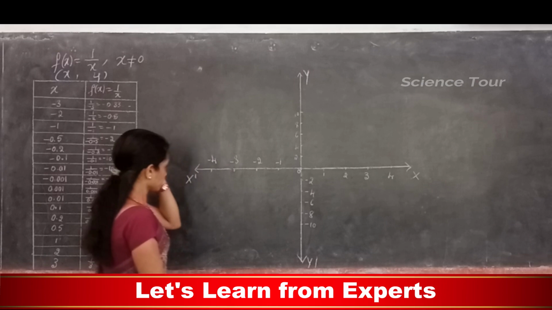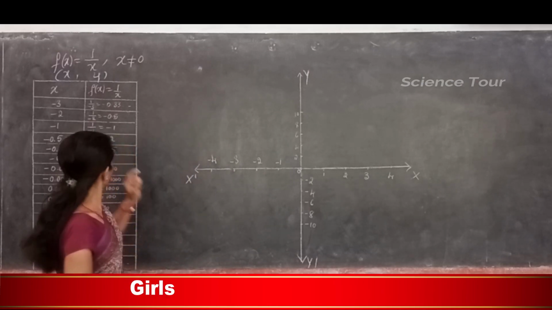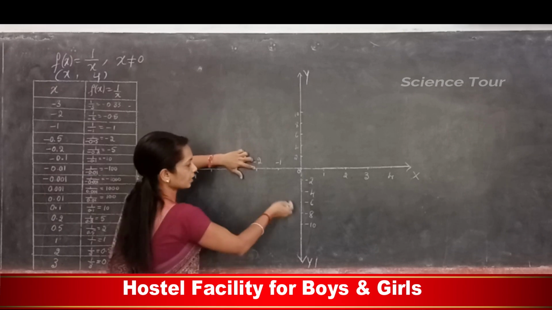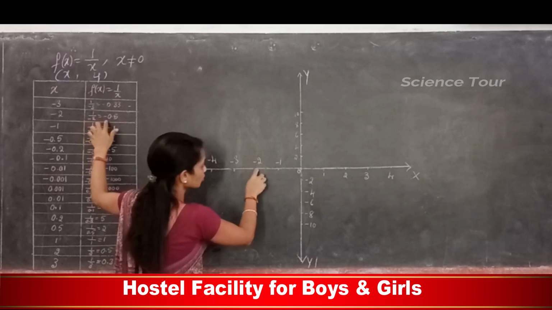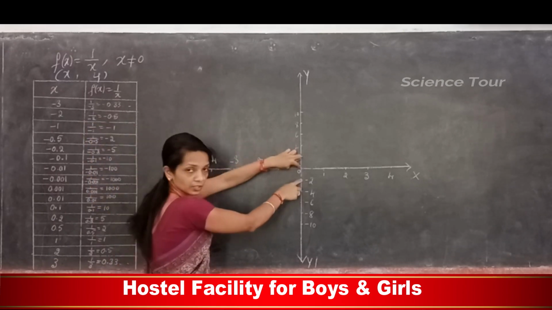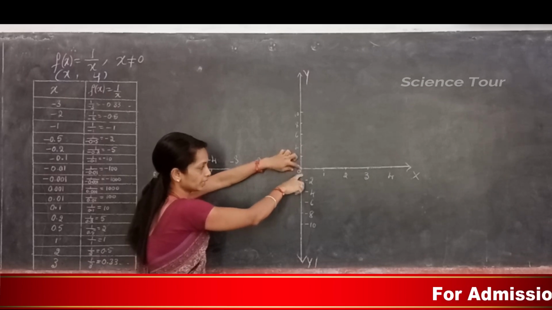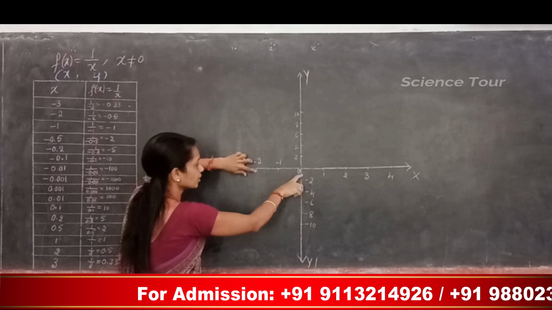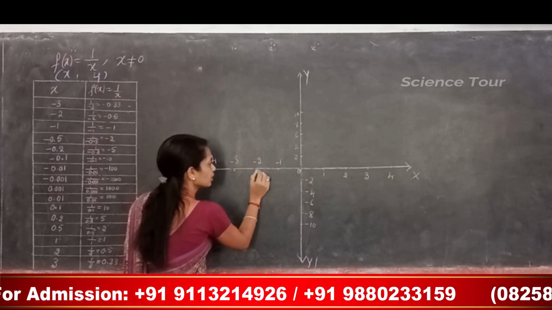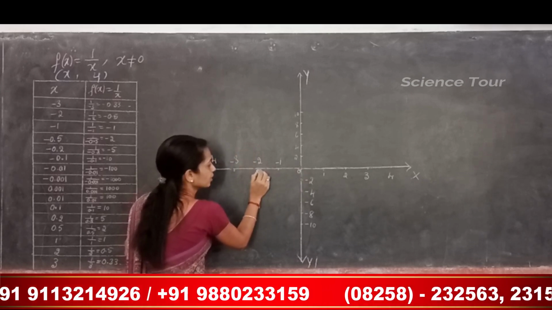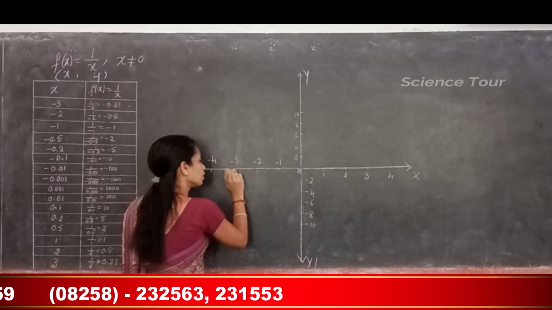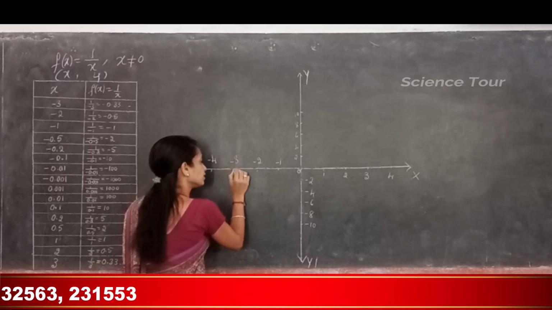So here the second one is minus 2. For minus 2, what is the image? For minus 2, minus 0.5. Exactly in between 0 and minus 2, you have minus 1. Exactly in between 0 and minus 1, you have minus 0.5. Somewhere here. And the next image, this is very close to x axis, minus 0.3.